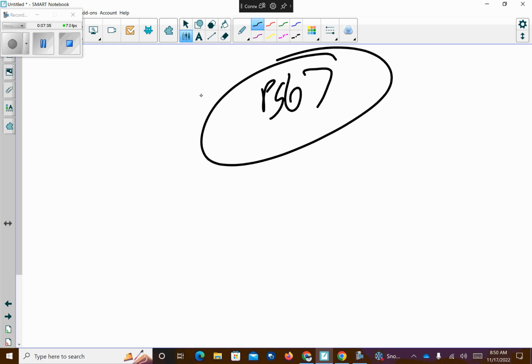So when we are taking a look at this, it says a normal distribution is something based on a bell curve. A bell curve is also referred to as a normal curve.